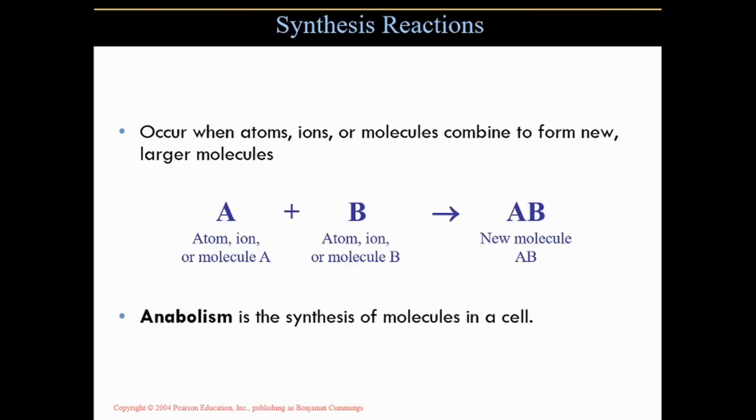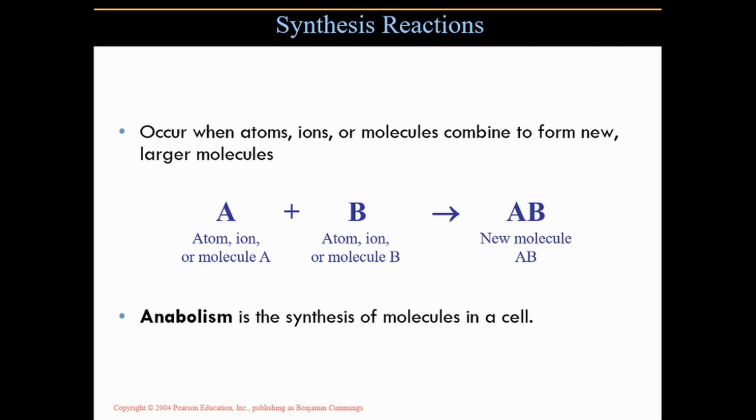So we'll look at reactions a little more specifically. So a synthesis reaction, it does what its name is. It synthesizes something. So you have two separate atoms, ions, or molecules joining together, and a new molecule has been synthesized. And the term that is related to this is anabolism.